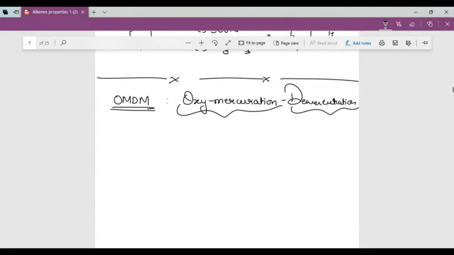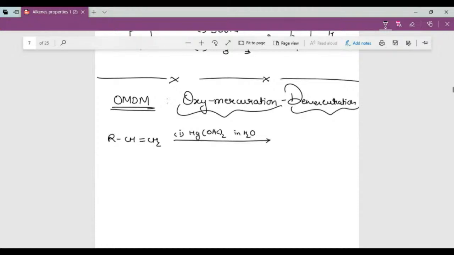So to understand that, let us start our reaction with the net reaction. If I have RCH=CH2, how will I write the reagents? This time my first reagent is mercuric acetate, and it is dissolved in water. Can I change this solvent? Yes, you can.